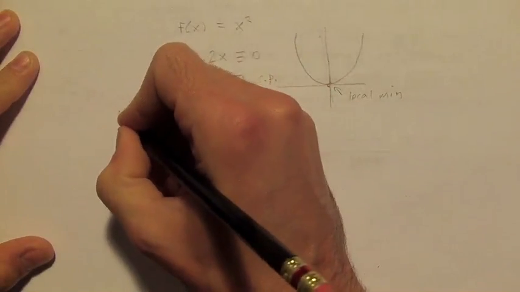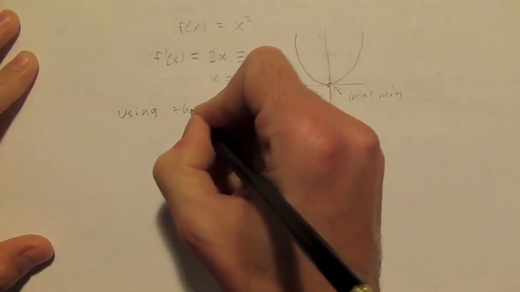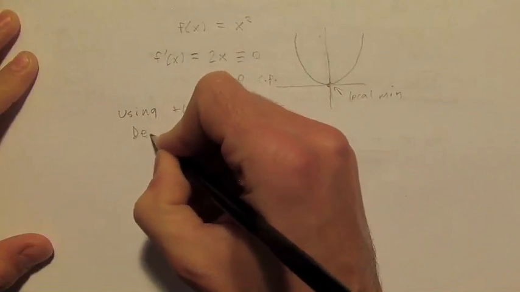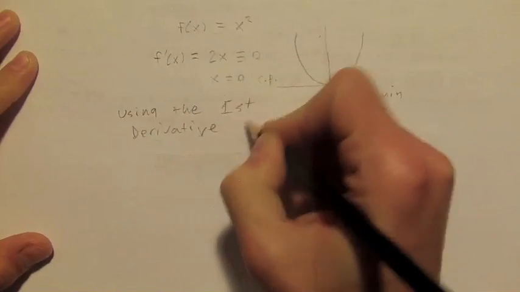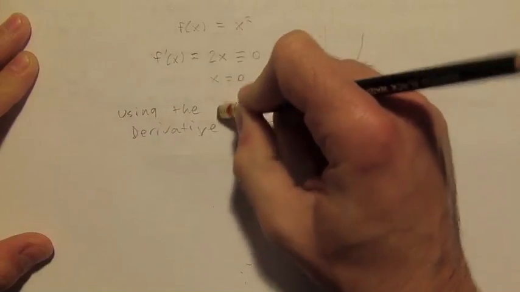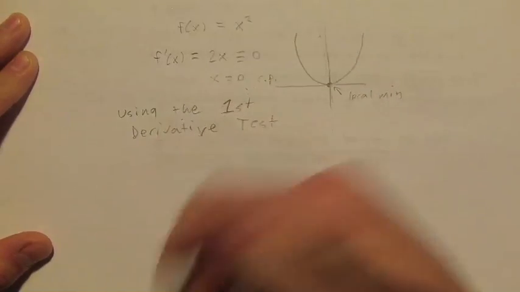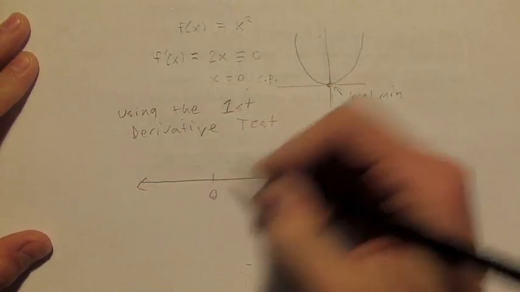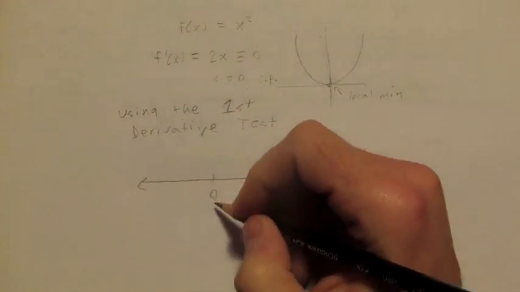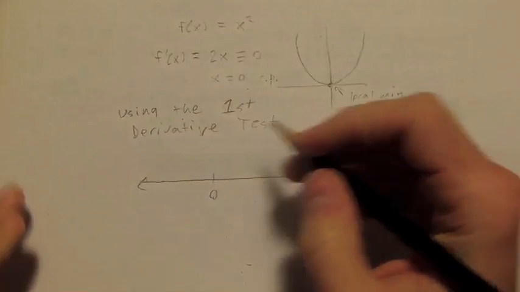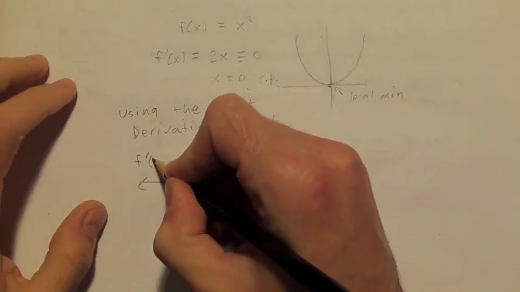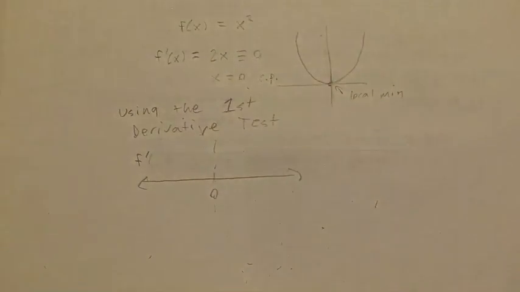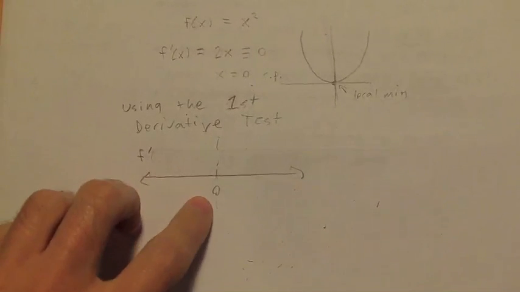Okay, and to use the first derivative test, what I like to do is I usually just set up a number line, plot my critical point on it, and then from the left and right, look at f prime, because what I've essentially done is I've now split up the interval.